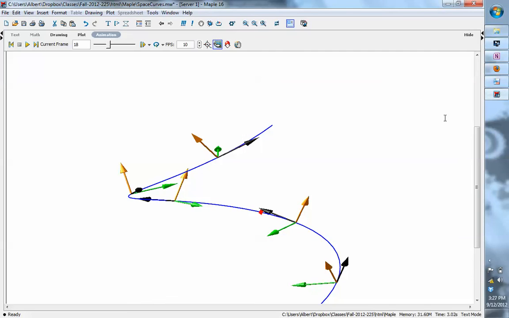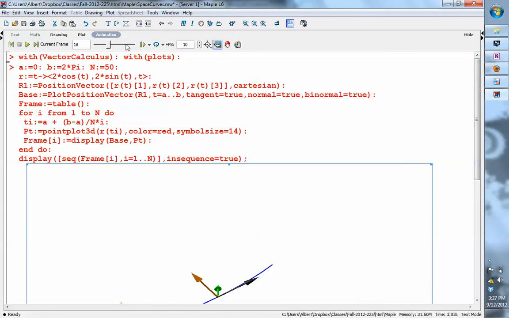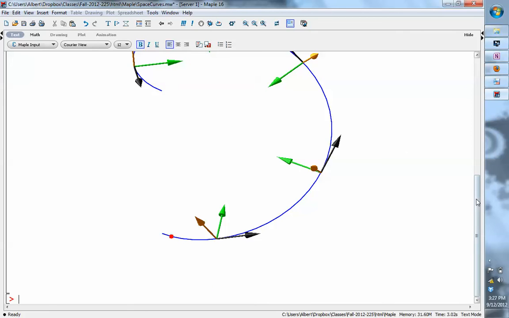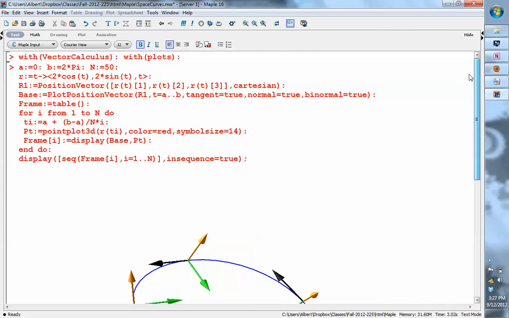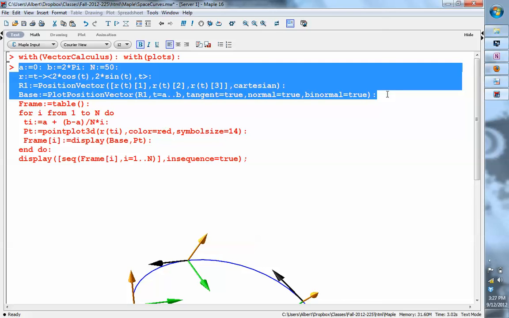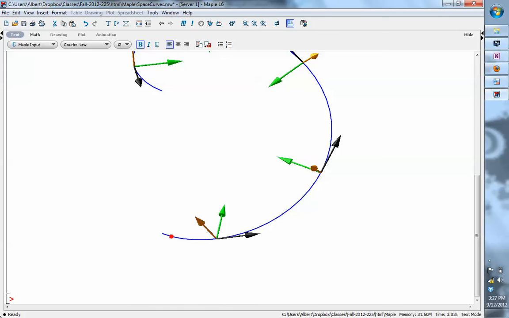So, I conveniently, and not by accident, have that exact helix right there. Let me try to build the line equation. Oops. In fact, why don't I just copy all this stuff, because I don't need the animation for this, and start down here.